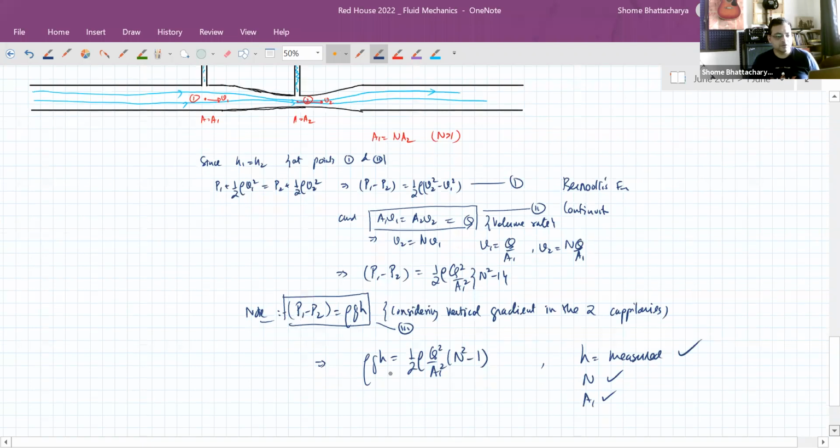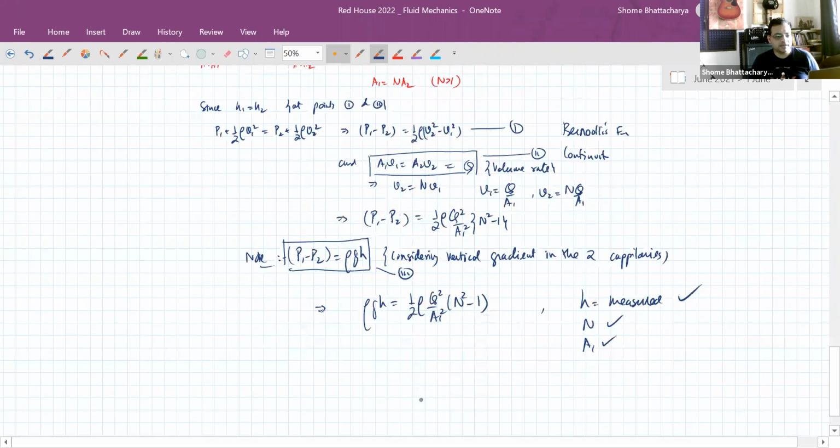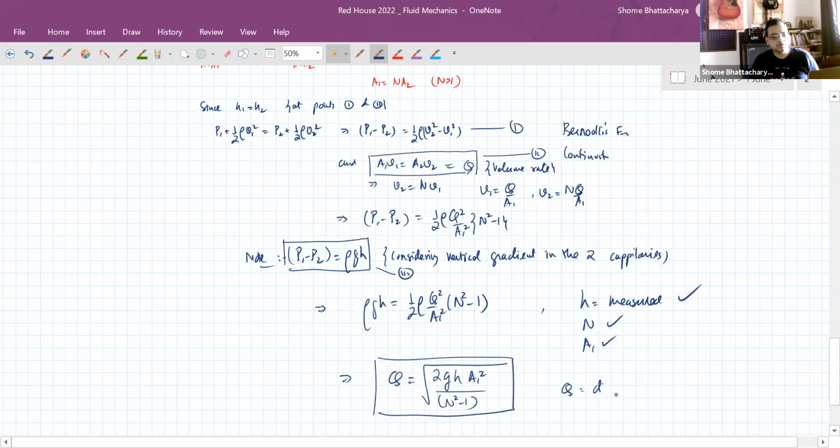From that, we can now back calculate the volume rate of flow, which becomes the square root of 2gh into A1 square upon n square minus 1. Q here is dV by dt, or the volume rate. We get this kind of formula for the given Venturi meter.